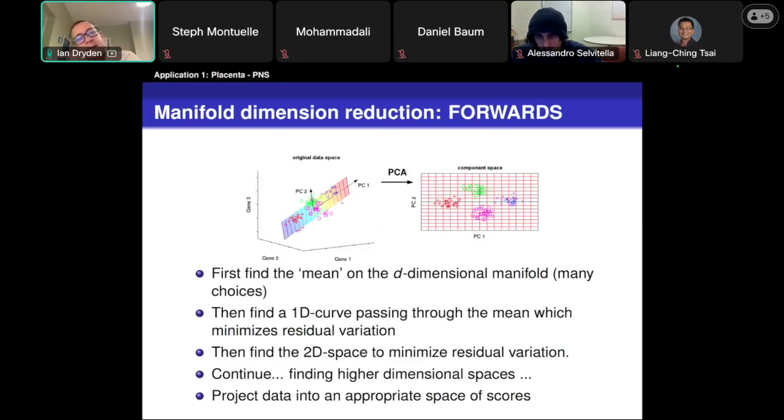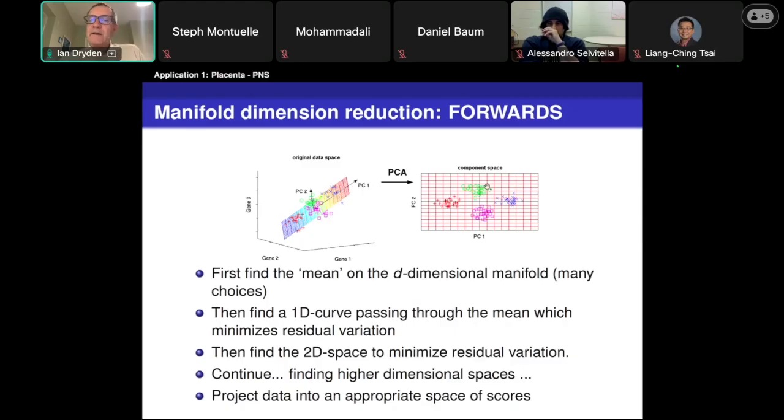Our usual way of approaching manifold dimension reduction is to look at PCA. We would normally have some data here. There are just 3 dimensions, but for the placenta you'd be in much higher dimensions, tens of thousands of points. You find the mean in the middle of the data, then look for the direction of greatest variability. That's the first principal component. Then the second one is the next biggest, orthogonal to that.